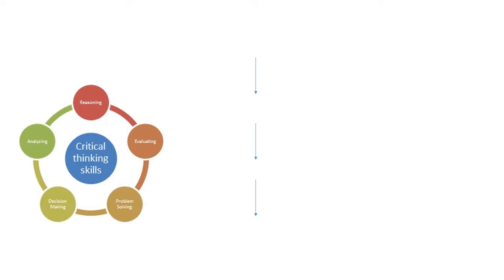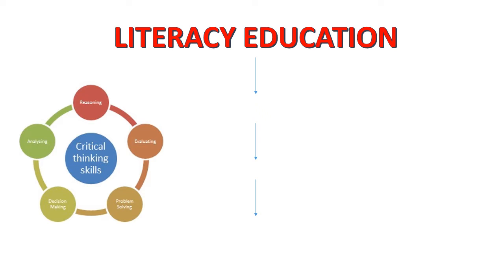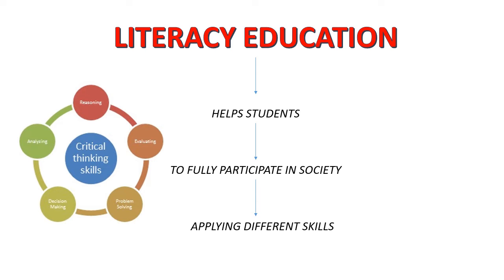Here we have a picture of critical thinking skills, and these skills are applied to literacy education, which helps students to fully participate in society, applying the different skills. The picture says solving problems, making decisions, analyzing, reasoning, and finally evaluating.